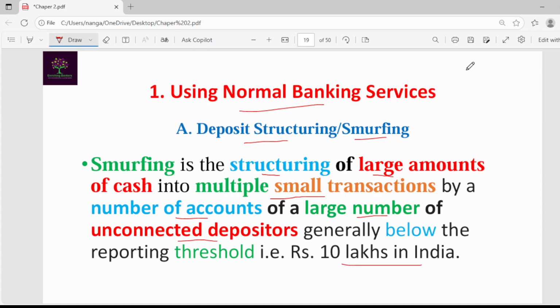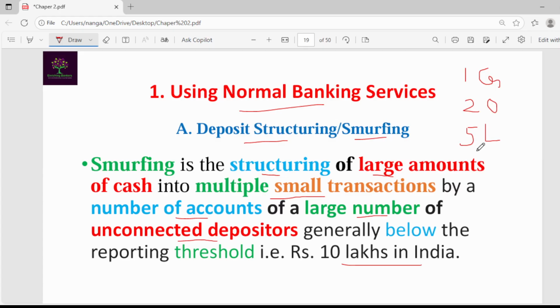So here I will explain this with an example. Terrorists or money launderers want to deposit 1 crore rupees. This amount is deposited into 20 unconnected people, so each person deposits 5 lakhs into his account.